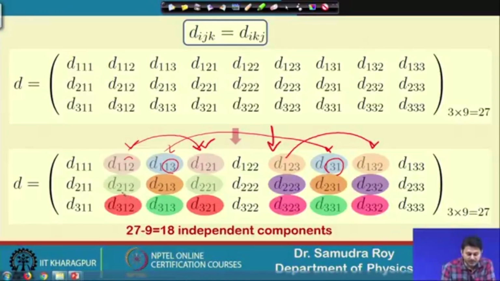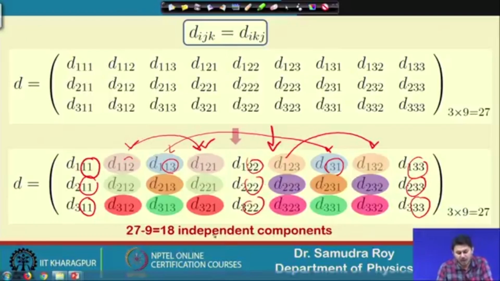We have other components also, D212 and D221, again these two components will have the same value. But note that the components 1 1 1, it is not going to change, because even if you interchange, it will remain the same quantity. Here also 3 3 3 is not going to change, and 2 2 2 is not going to change.